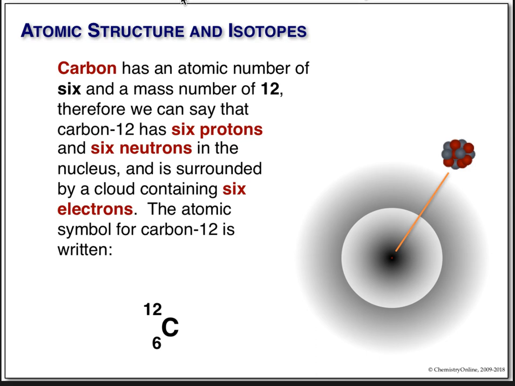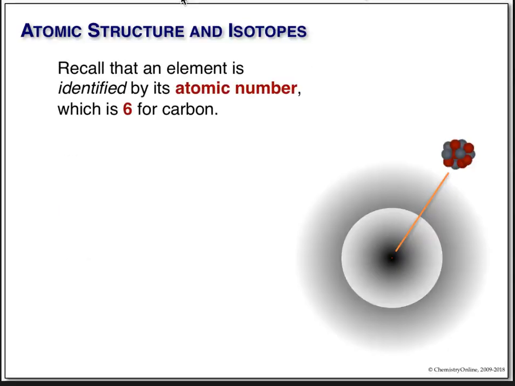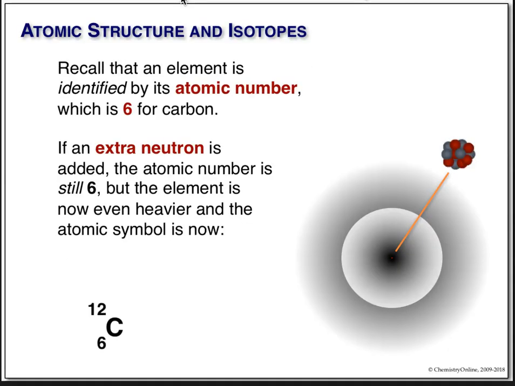But remember I said that the thing that determines whether this is a carbon or not is the number of protons. Neutrons don't matter. Electrons don't matter. Just protons. So if I took this nucleus and I added another neutron, I would get a carbon with a mass number of 13.